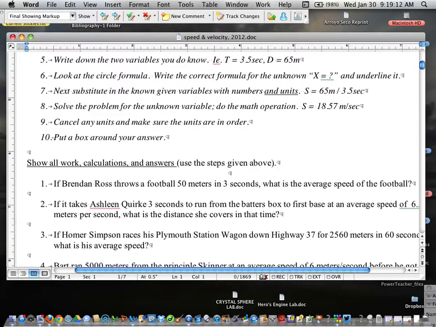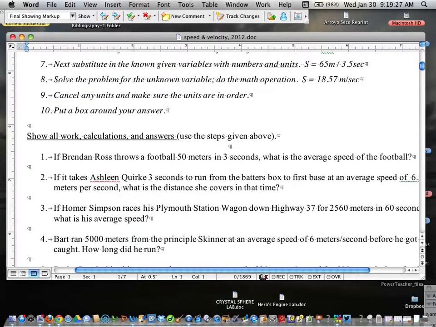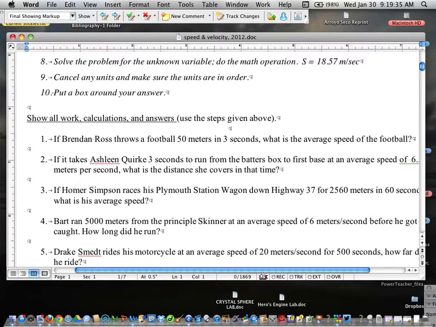So you're going to write down the two variables you do know. Then look at the circle formula and write the correct formula for the unknown. Next, substitute in the known variables with the numbers and the units. Number 8, solve the problem for the unknown.